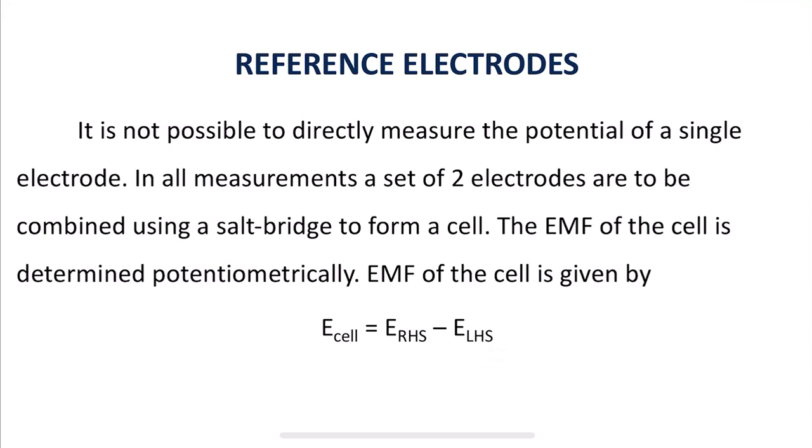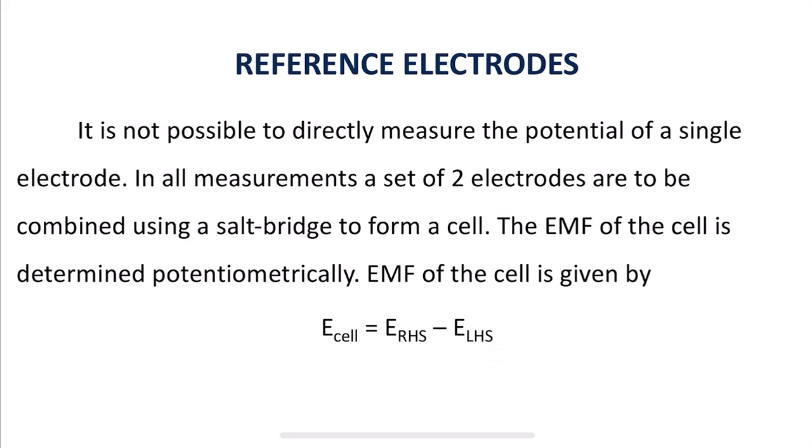The electrode of known potential used above is called a reference electrode. So the electrode whose electrode potential is already known is called a reference electrode. We are using it as a reference to calculate the electrode potential of the unknown electrode.